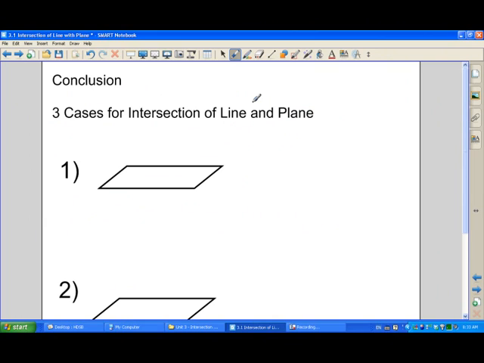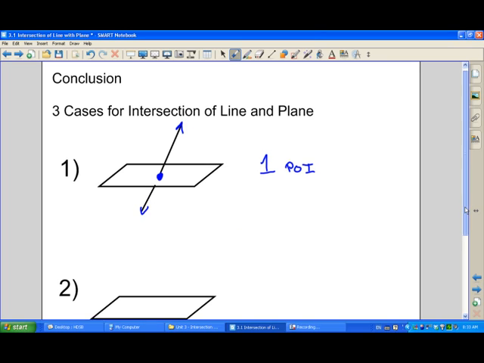So when we're dealing with lines and planes, there's three cases for how a line can intersect with a plane. You could have a line passing through the plane and intersecting the plane at one point. So we get one point of intersection. That was the first example.